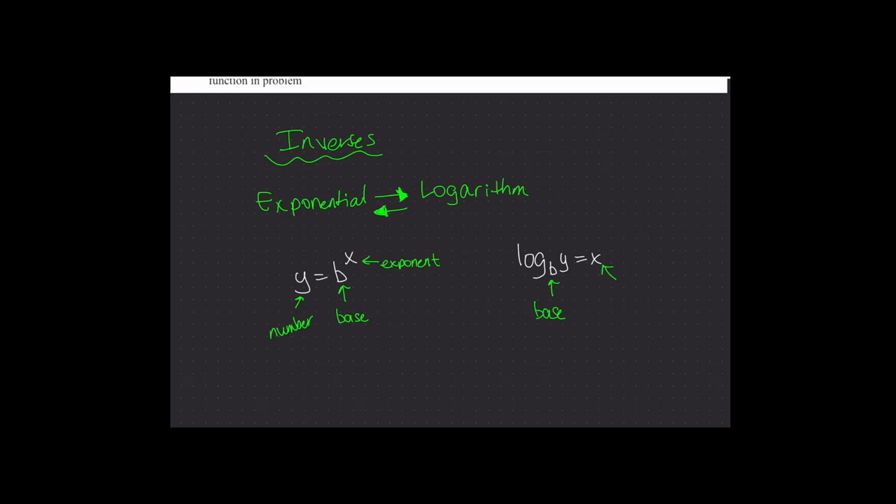The part that it equaled, that was the exponent. And that base raised to the exponent equaled the number, right? So it's basically just rearranging. Yep, that's all you're doing, you're rearranging things.